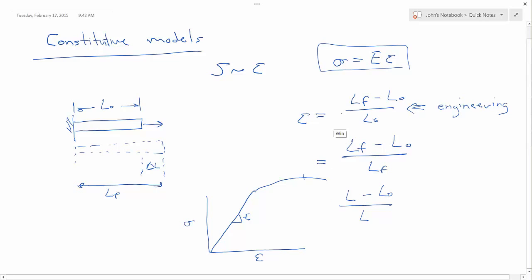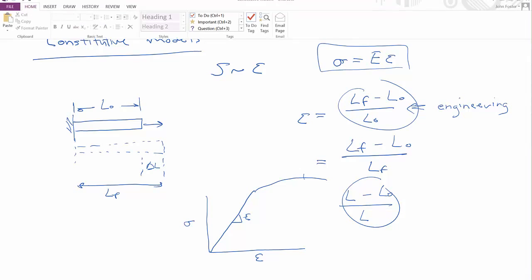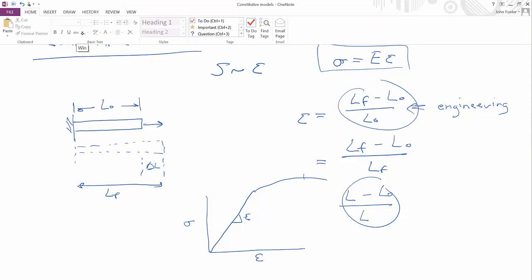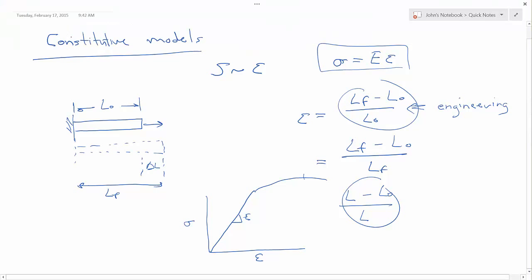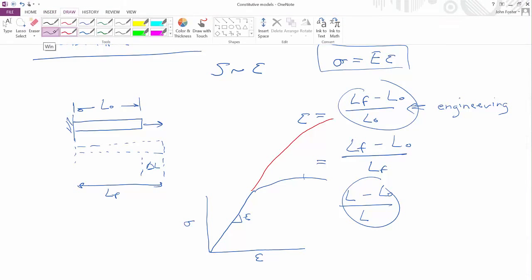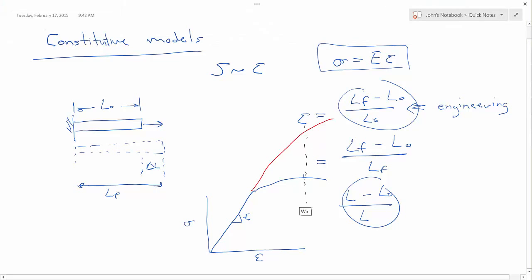The difference between the engineering stress and what we call true or logarithmic stress can be maybe 60-70% in terms of stress at a given strain.